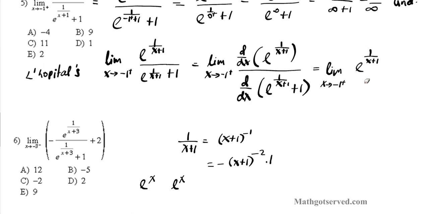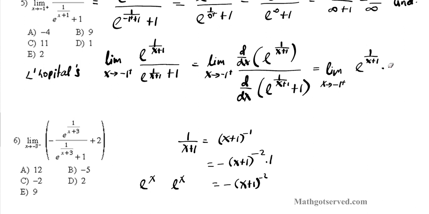So the derivative here is going to be e to the x evaluated at the inner function, which is 1 over x plus 1, times the derivative of 1 over x plus 1. As we can see here, the derivative of 1 over x plus 1 is -(x plus 1) to the second power.